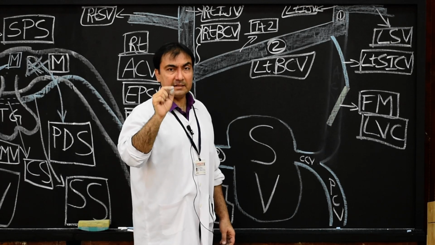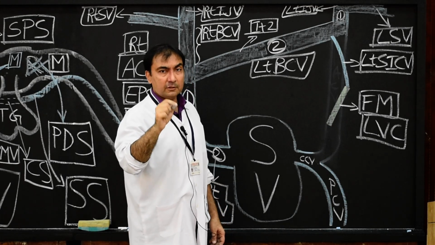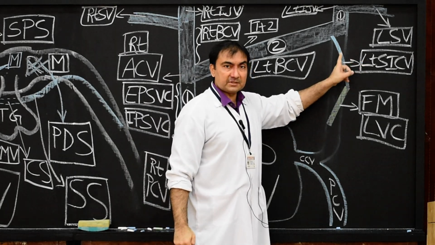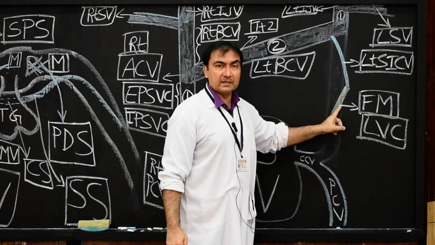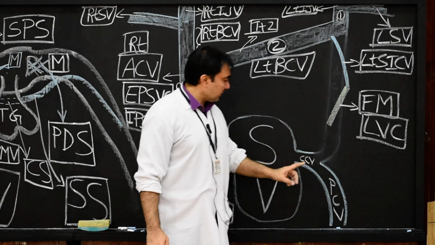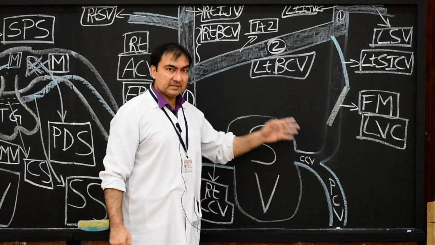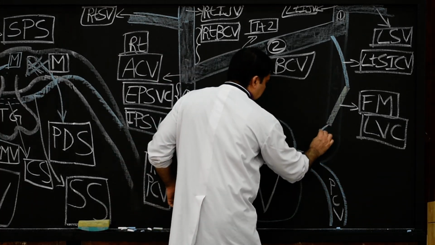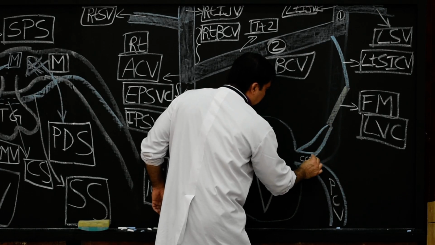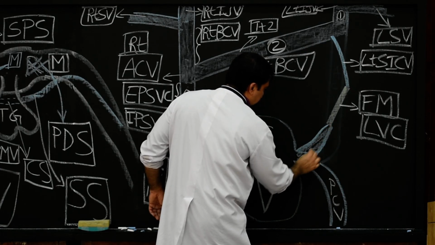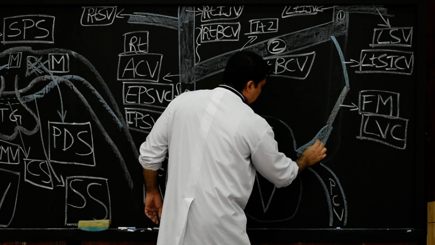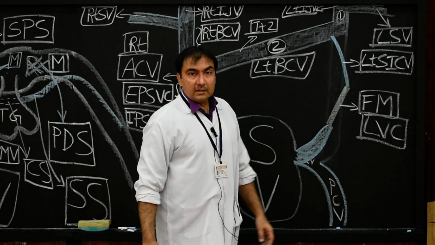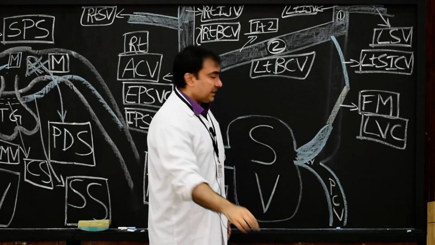The left anterior cardinal vein will lead to development of two structures: left superior intercostal vein and the ligament of vena cava, or it is called fold of Marshall. What about the left common cardinal vein? This left common cardinal vein will also retrogress in size, and this will lead to the development of the oblique vein of the left atrium.